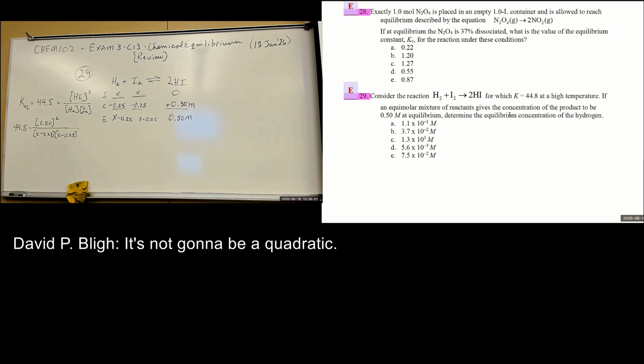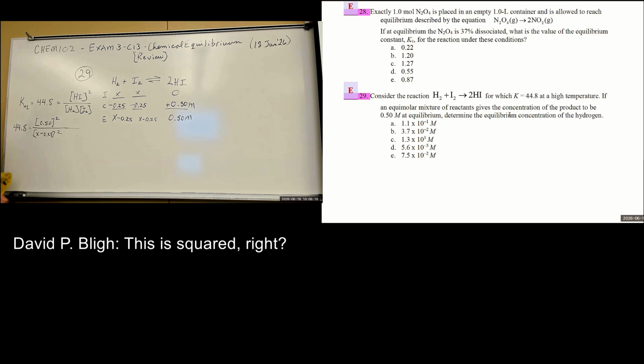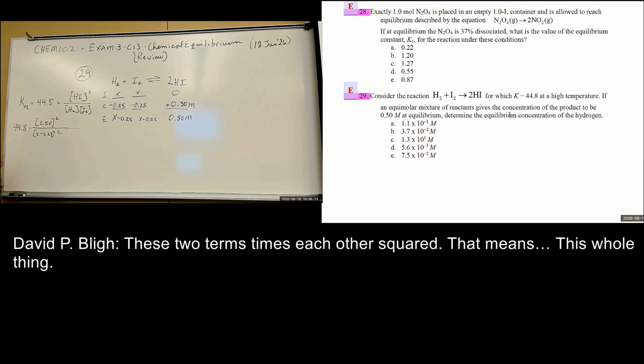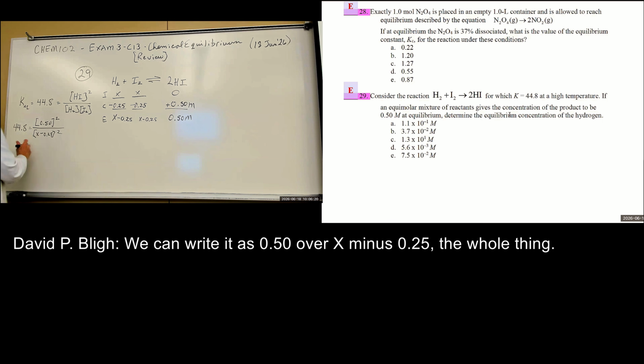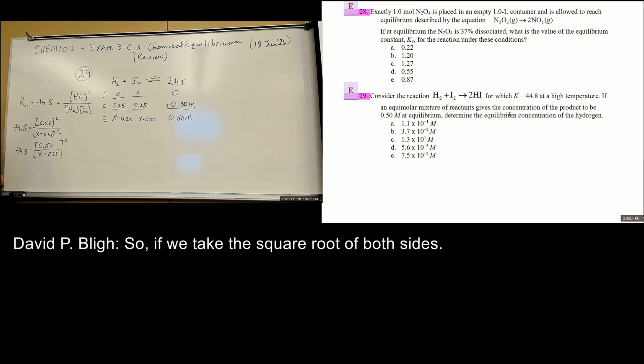Don't panic. It's not going to be a quadratic, because this is squared, these two terms times each other. That means this whole thing we can write as 0.50 over X minus 0.25, the whole thing squared.